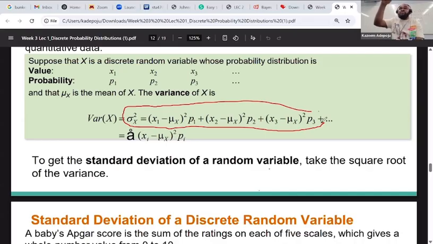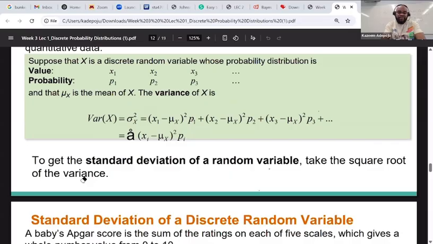When you find the square root of a squared quantity, it returns to the original scale, right? And that is why we normally use standard deviation as a measure of spread compared to the variance, because the standard deviation and the mean are on the same scale. Does that make sense? They are in the same units.